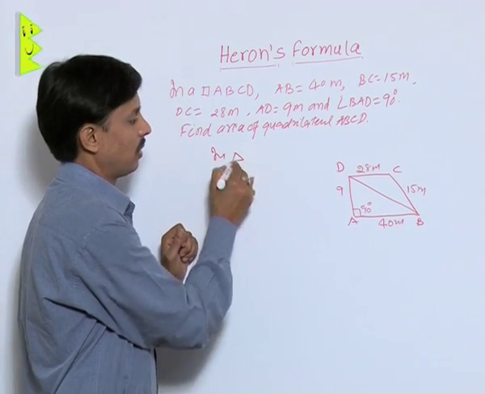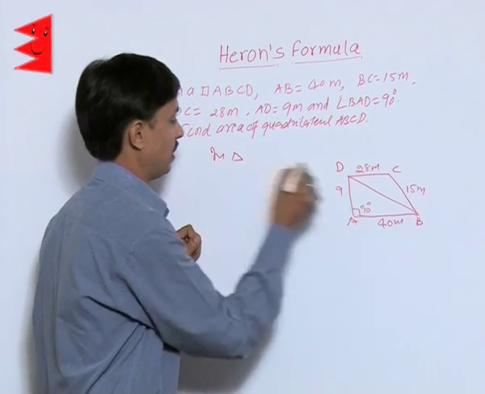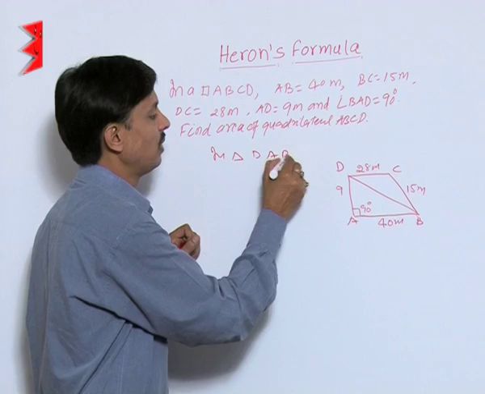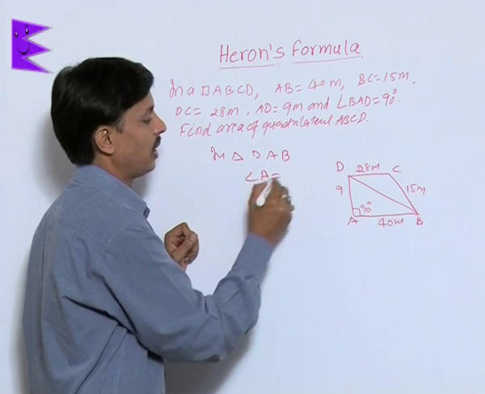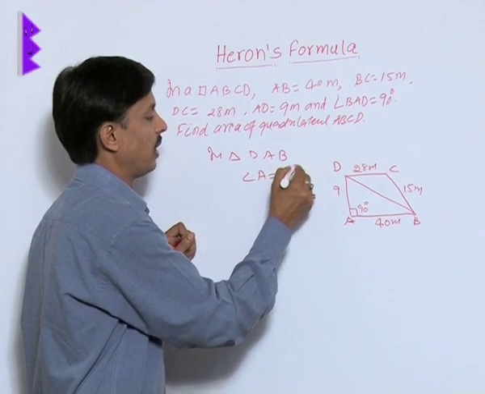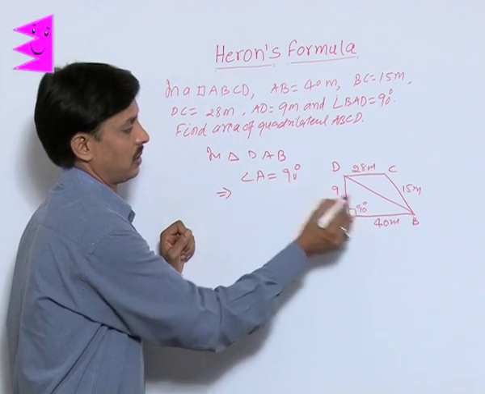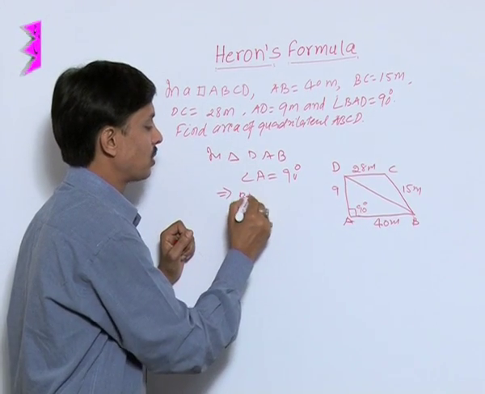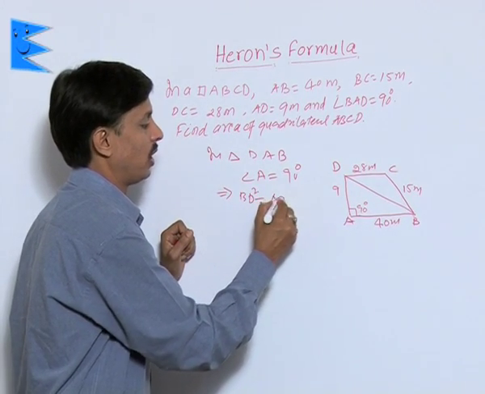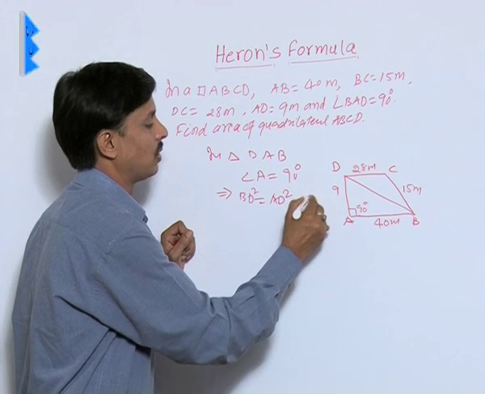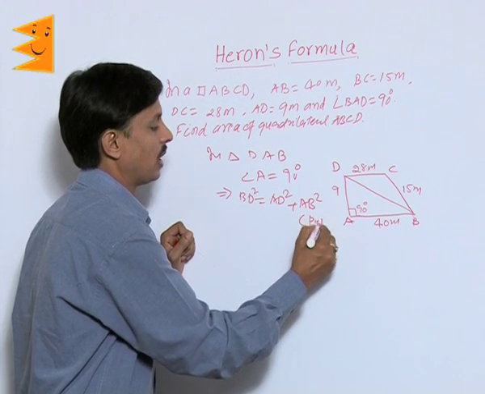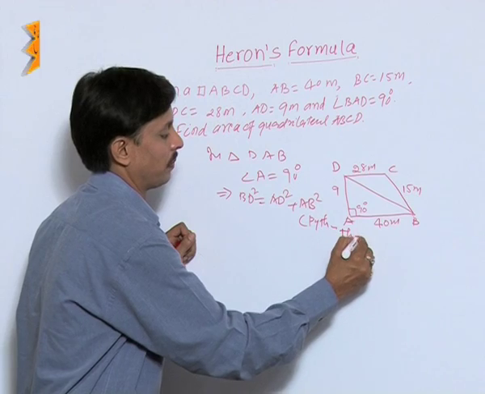In triangle DAB, angle A is clearly 90 degree. So this implies BD square is equal to AD square plus AB square by the Pythagoras theorem.